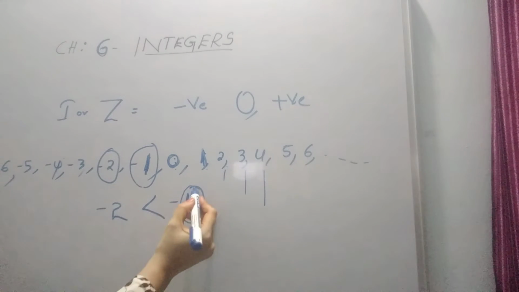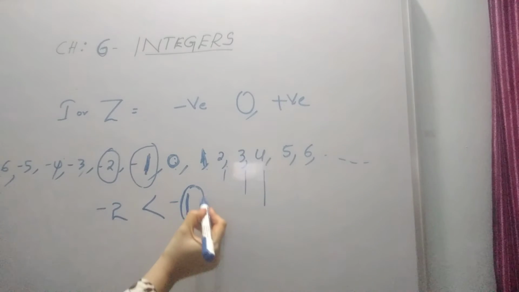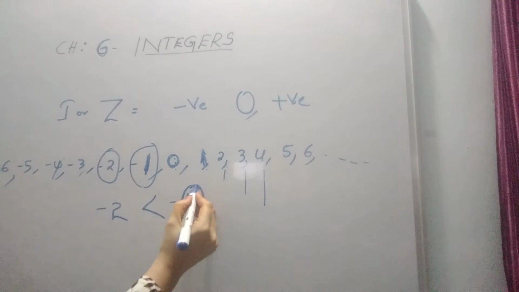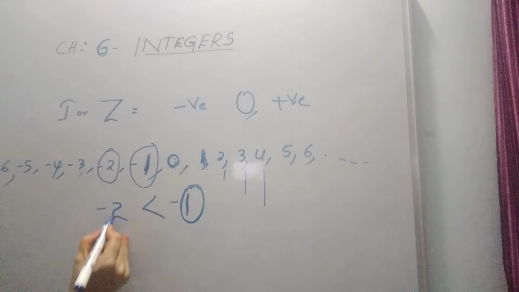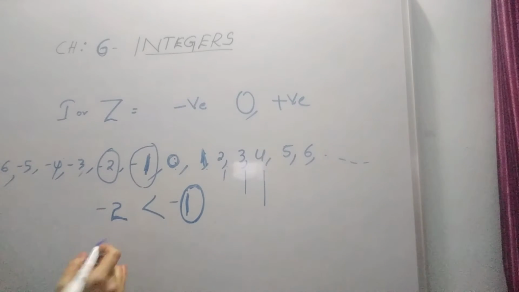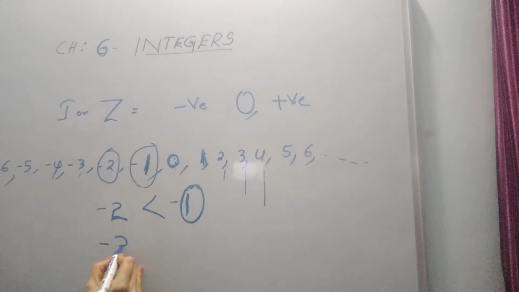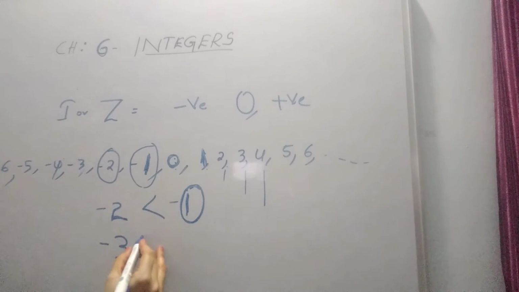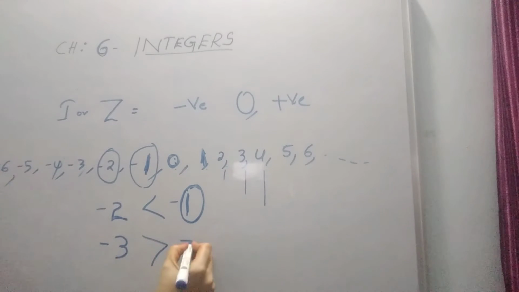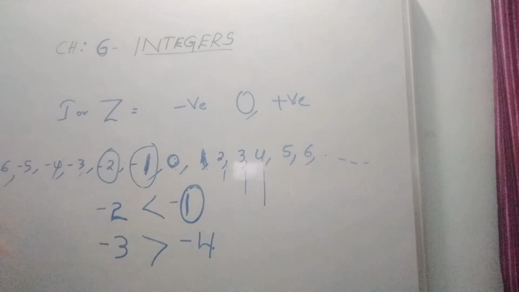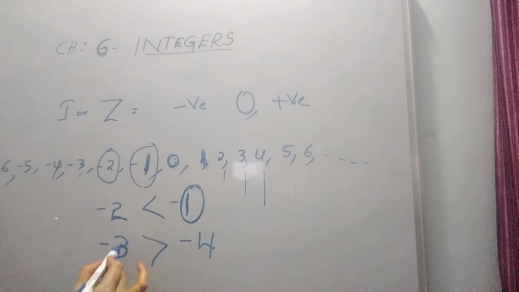That means its value gets bigger than the other. For example, -3 is bigger than -4. If you put the negative symbol, the smaller number gets the greater value. Okay, is it clear?